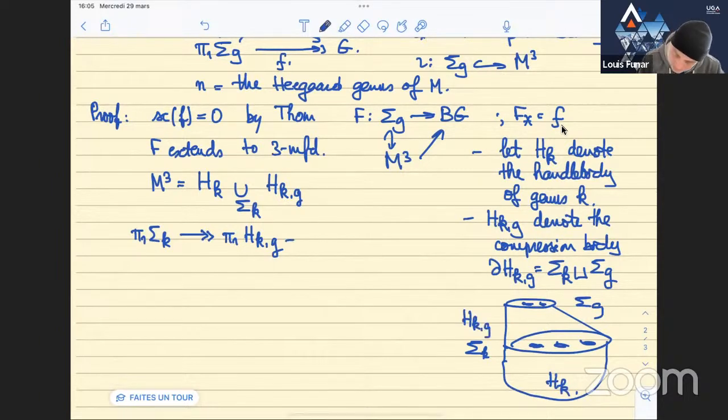But actually, this one is very simple. It's the pi 1 of sigma G, and then you send to the identity a number of classes of simple closed curves, but on the other hand, the meridians remain. So you have here the free group on K minus G generators.